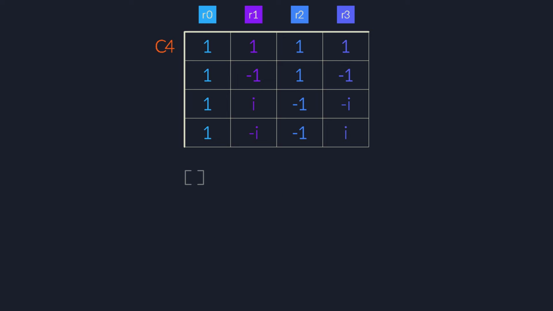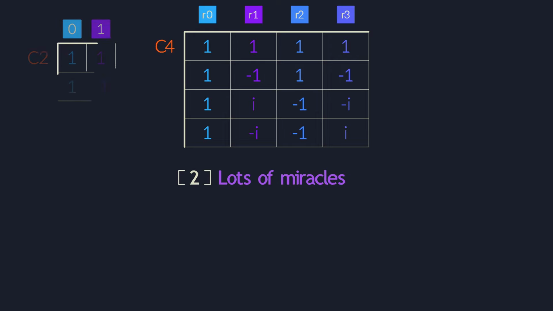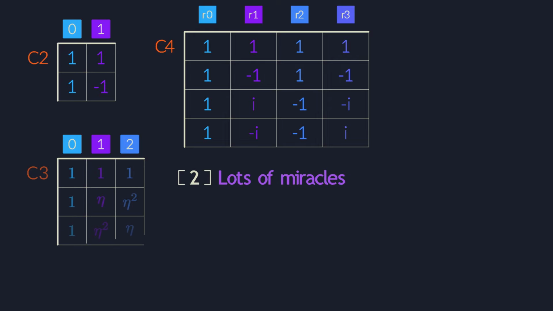I'm going to put a few character tables for different groups on the screen. These are the tables for the cyclic groups with 2, 3, and 4 elements. The one with 3 elements gives us the rotations of a triangle, or addition modulo 3. You already know the one with 4 elements as the rotations of the square, or addition modulo 4.